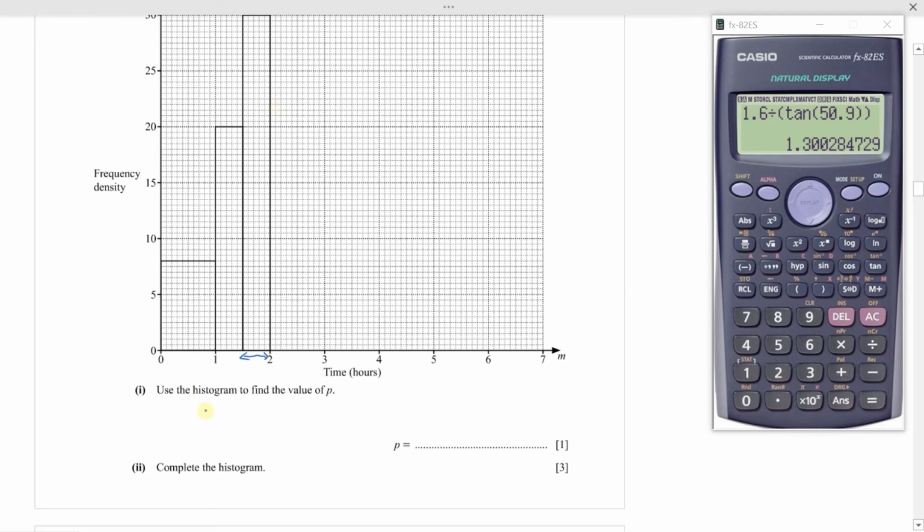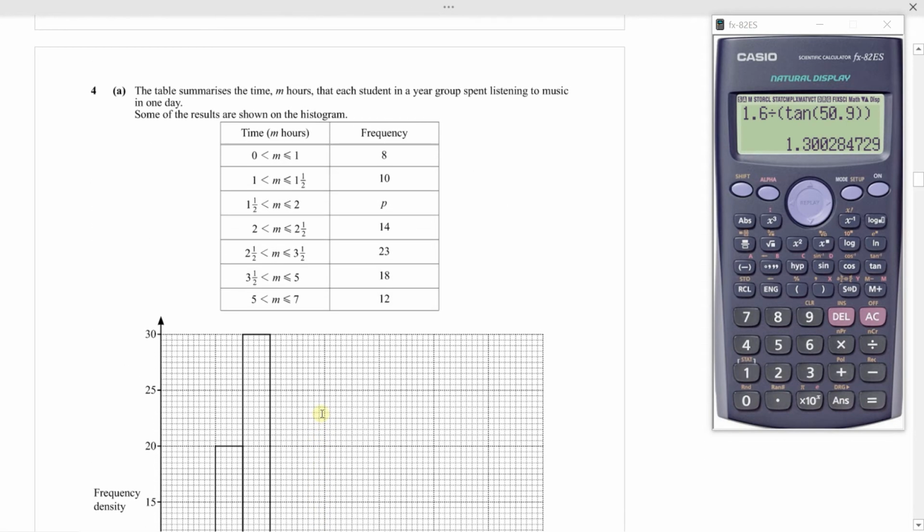So we know that frequency density is equal to the frequency divided by the class width.